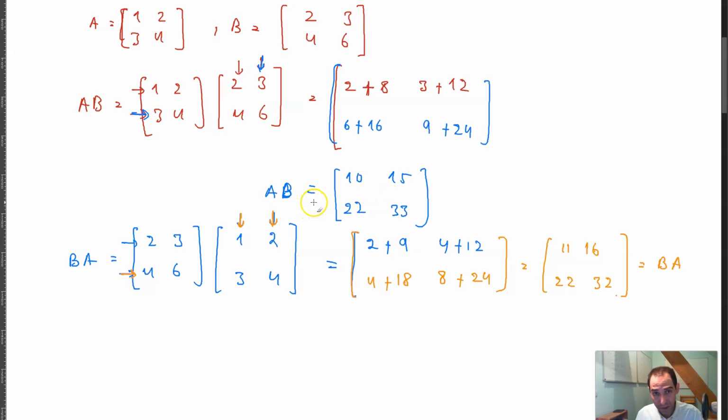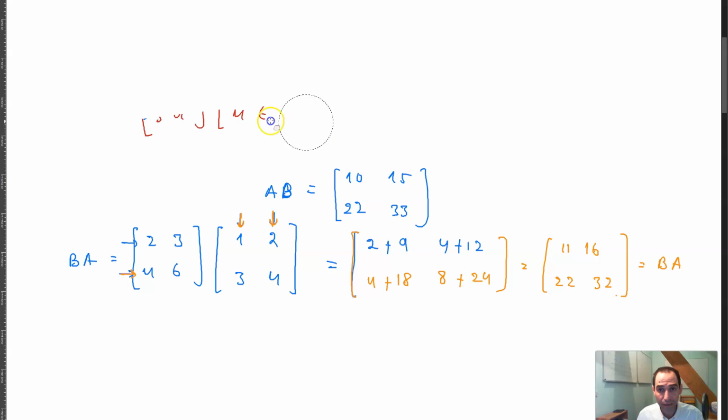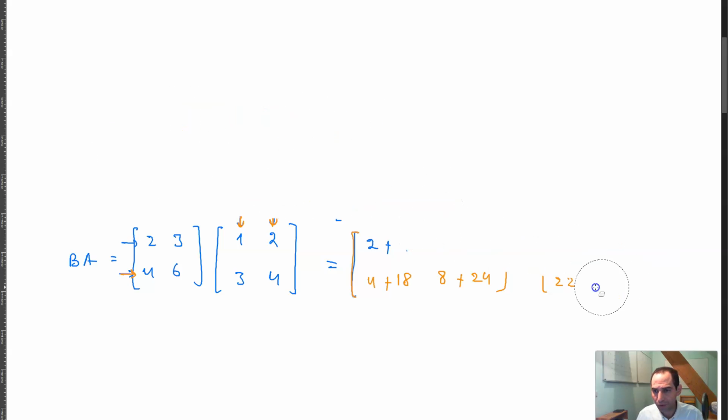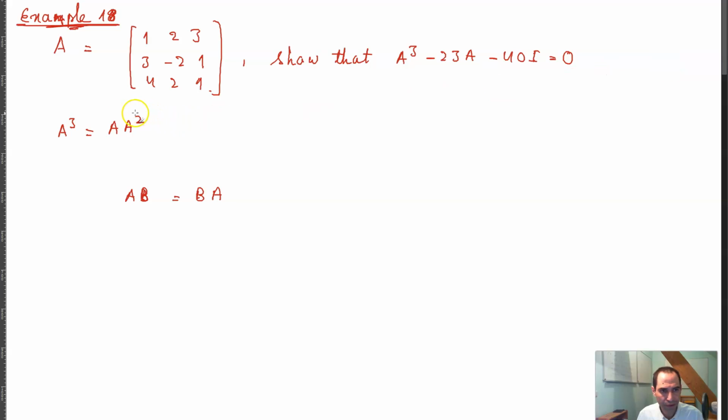But for whatever reason, and I don't see the reason right now, what I can see here is that when you want to calculate a cube, basically you can write it as A times A squared, or you can write it as A squared times A, and you will get the same matrices.